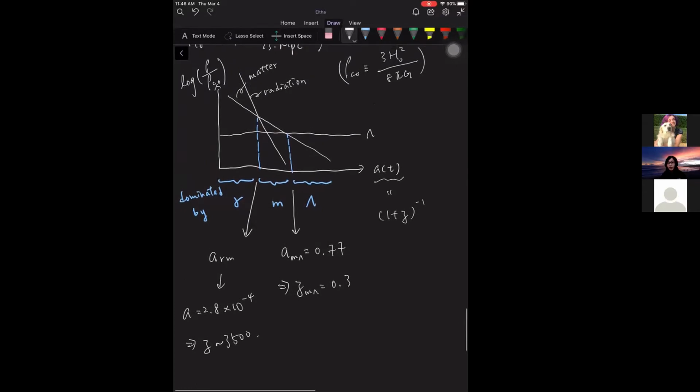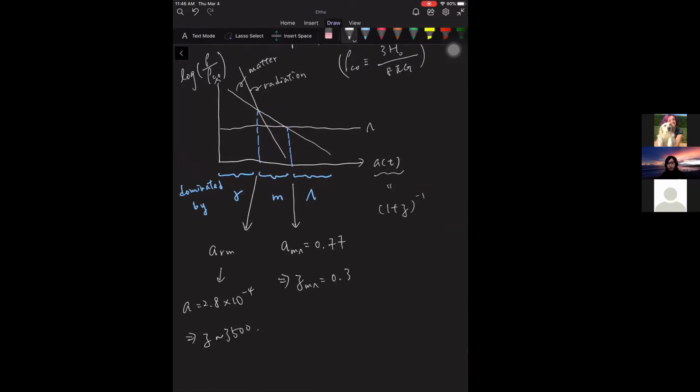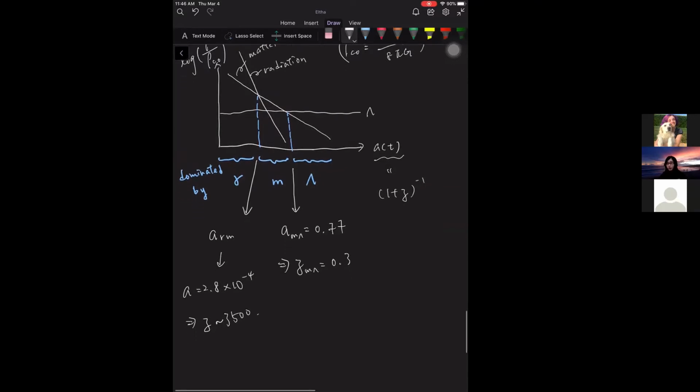Okay, just in case you still don't know how to calculate a or z at this time, I'll give you some hints.